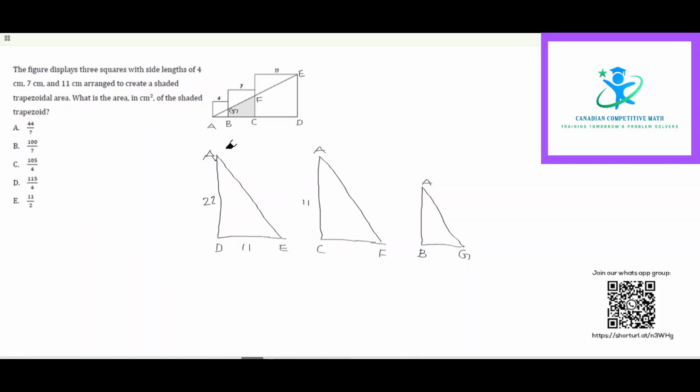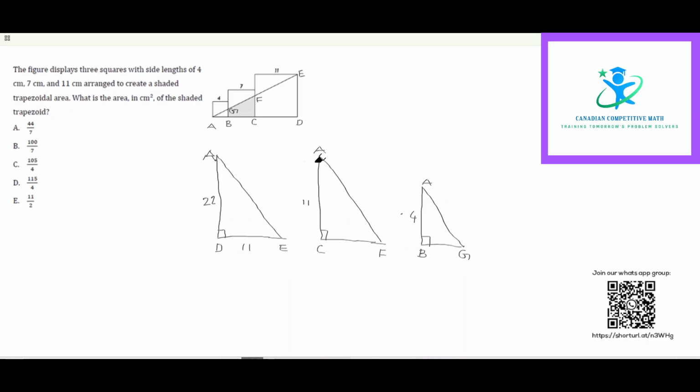We also know that AB is 4. Since they are squares, these corners are 90 degrees.